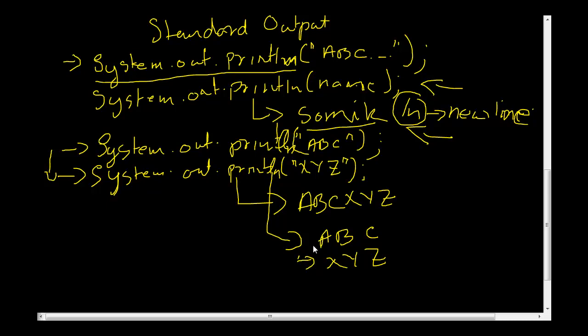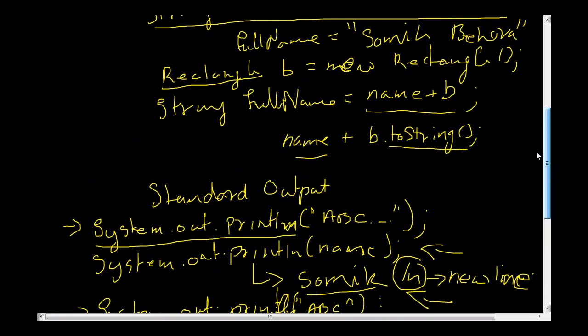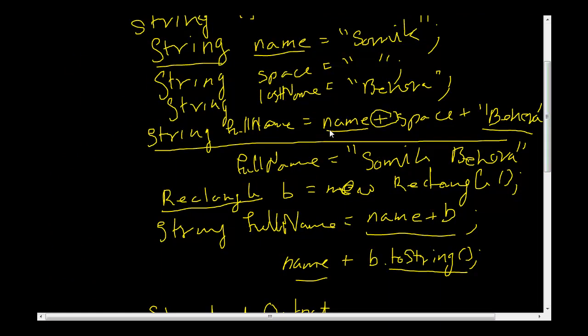So that's the basics of Java standard output. It's very common practice to build strings in Java, like I was doing over here, name plus another string plus a literal value or an integer value and such.